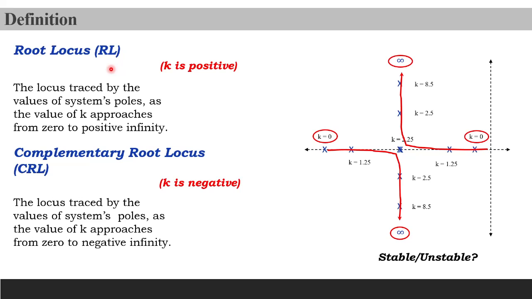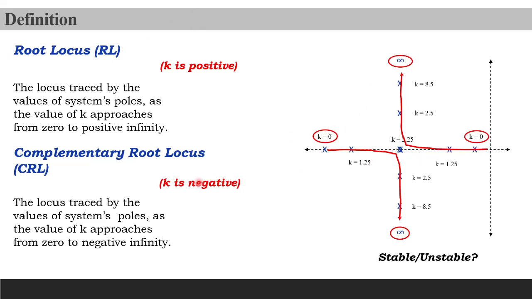In this situation we haven't plotted that, but you can always plot it. When we move the values of k from 0 to negative infinity, that sort of loci would be called the complementary root locus. This won't be equal to the part we have shown here. This is the root locus, but we can always see that.